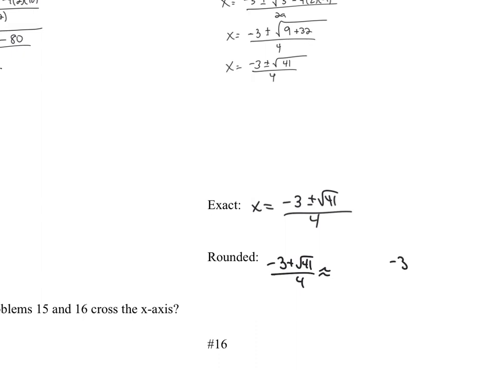And then negative 3 minus the square root of 41 over 4, and that is approximately something else. Let me type those in now. And I get, let's see, 0.85 and negative 2.35. So those are my two approximate rounded answers.